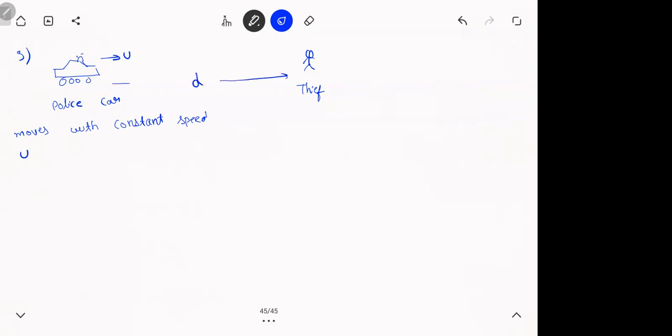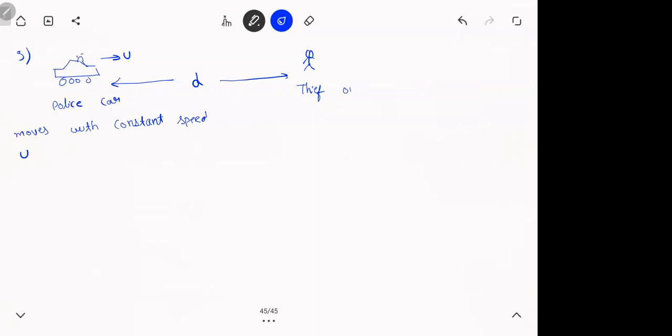This one. We have a thief. We have a police car. So the police car moves with a constant speed. Distance between the car and the thief is d.